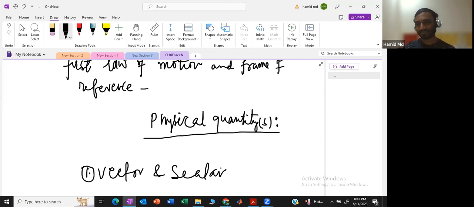Vector has both direction and magnitude, and scalar only has magnitude. So update your information, okay? And add one more thing to vector: it follows the vector addition rule.